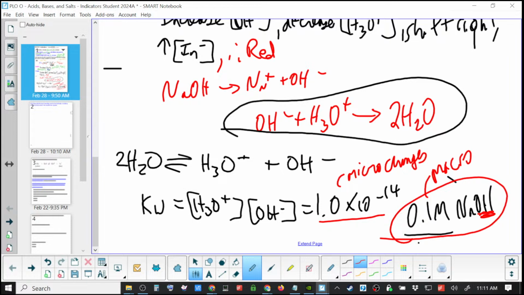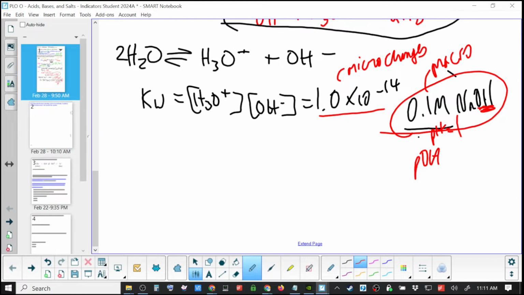So the pOH would be 1, and pH would be 13. I don't think I got the O in there. It's so hard to read. There we go. So we use this to figure out what the concentration of the other one will be, but that shift doesn't affect that number at all.